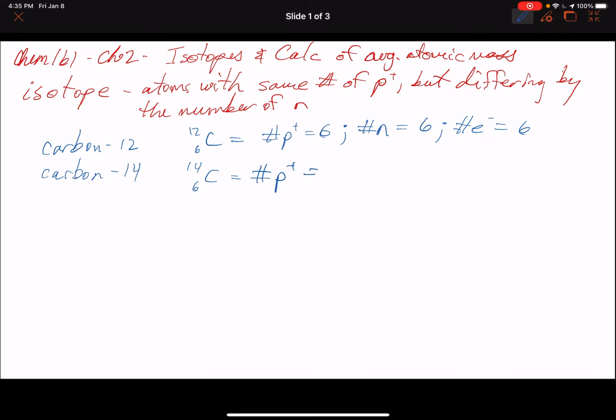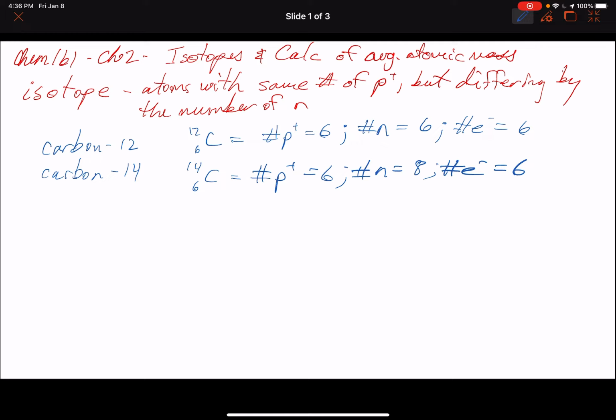So we're still going to see 6 here. The number of neutrons, however, is what's going to give me the different isotope, so I have to have a different number than above. The number of neutrons here has to be 14 minus 6, which is 8. And of course, we're still going to neutralize this atom for the neutral carbon 14 isotope, so I have to have the same number of protons, and so the total number of electrons equals 6.